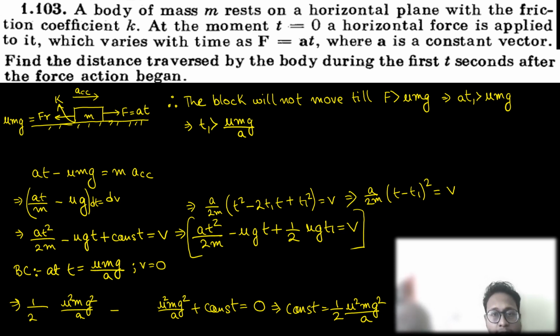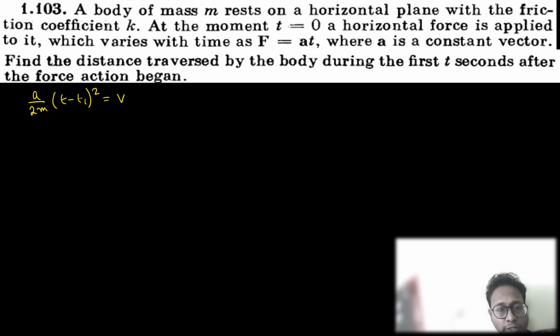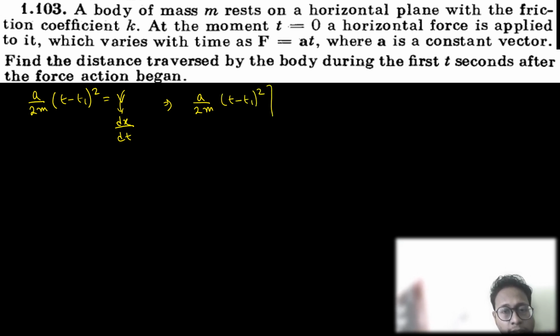So you got the equation of velocity, a by 2m into t minus t1 whole square. Now velocity is nothing but dx by dt. So if you integrate it, a by 2m into t minus t1 whole square into dt is equal to dx. Now we'll integrate this by integration by substitution.